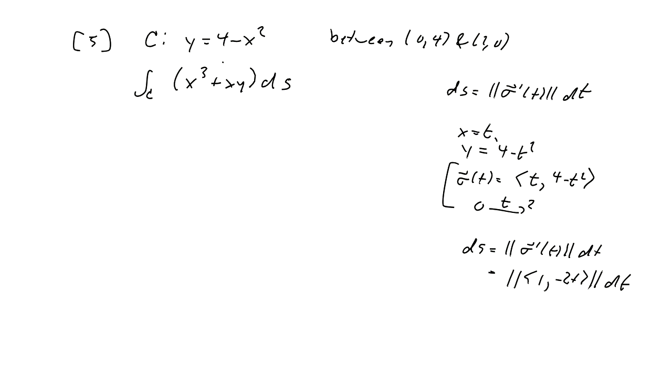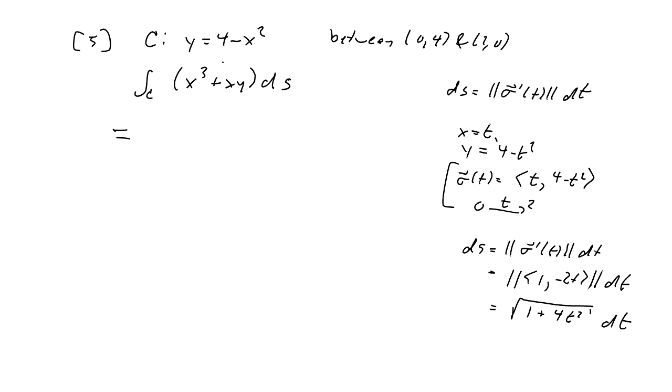And the magnitude of that vector will be the square root of 1 squared plus negative 2t squared. Does that look okay for ds? Take that as a yes.